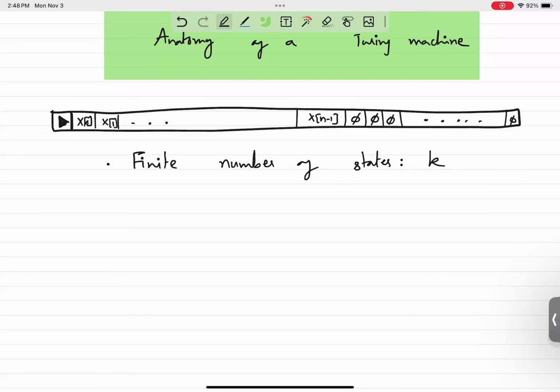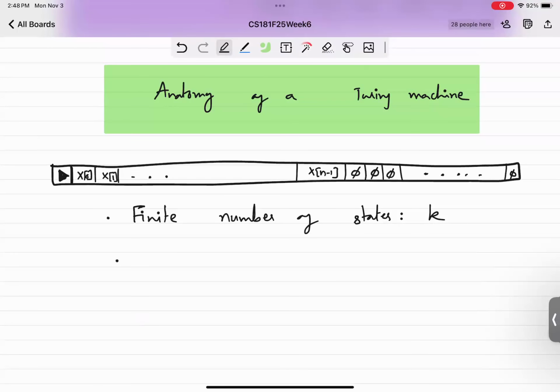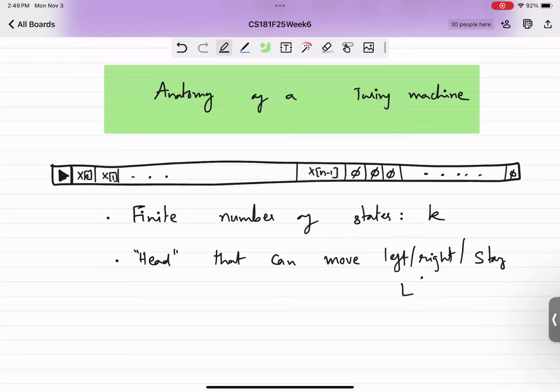And then you have a head that can do one of three things: move left, right, or stay where it is. So this is L, R, stay. Imagine my head starts off here.